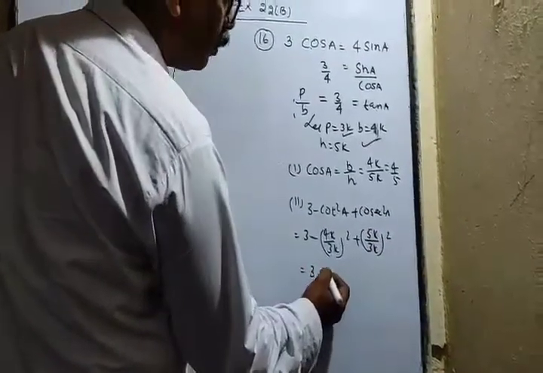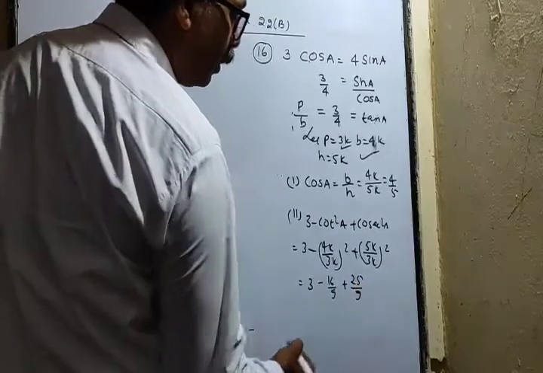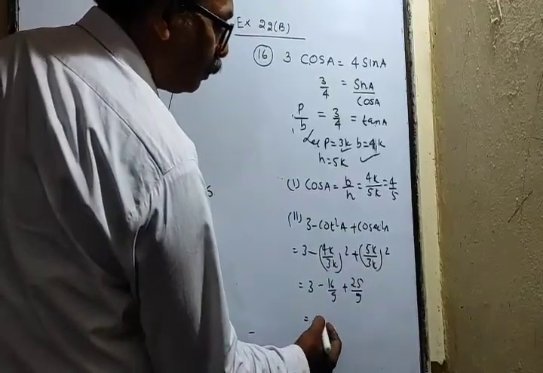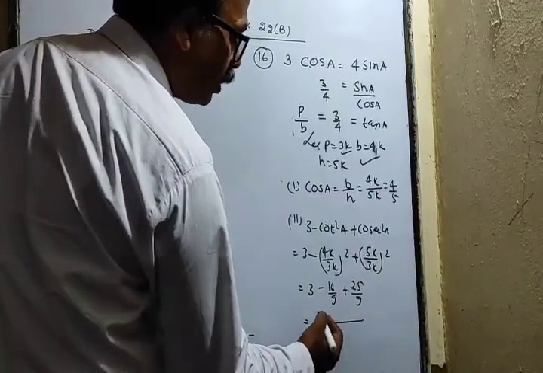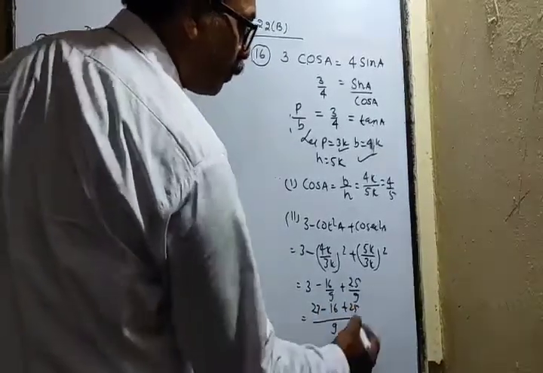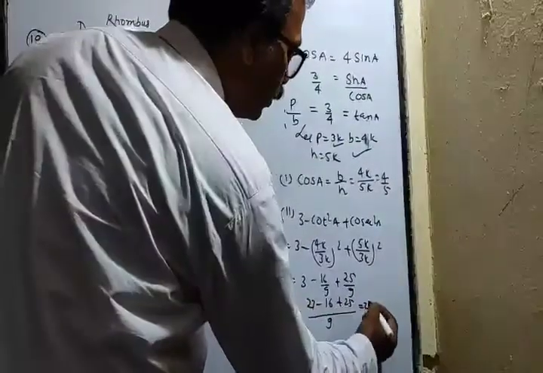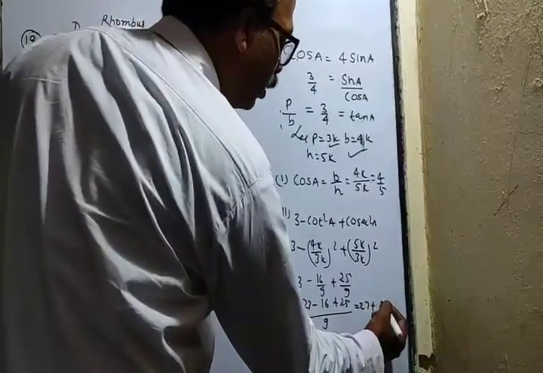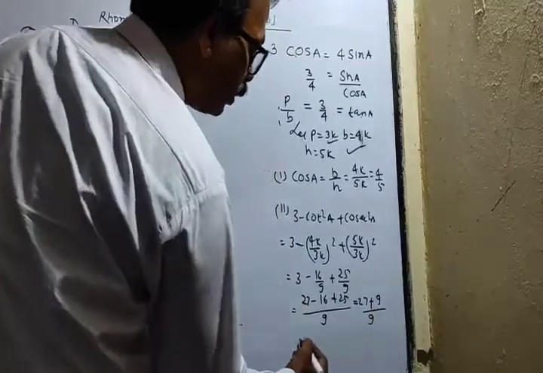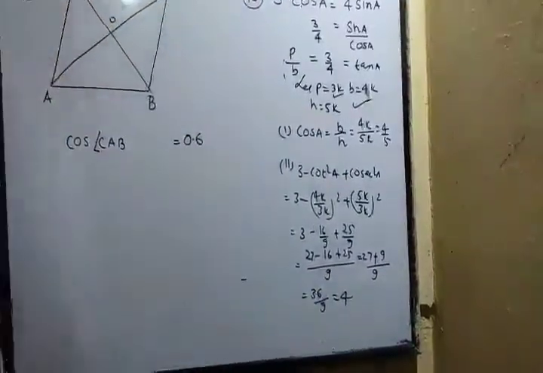So it will be simply 3 minus 16 by 9 plus 25 by 9. If 9 is taken as LCM, so 27 minus 16 plus 25. So it will be 27 plus 9 by 9. That is equal to 36 by 9. That is equal to 4.